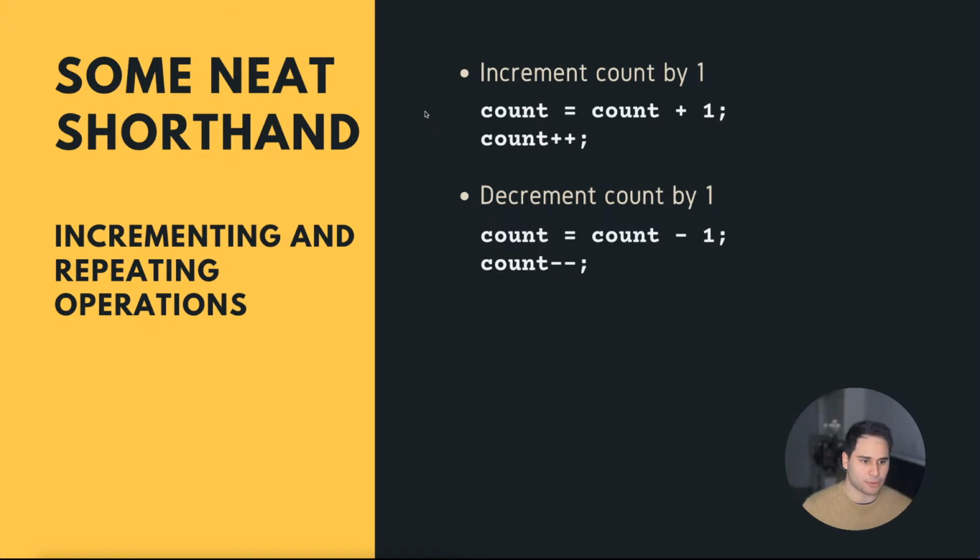So as an example, so far when I've been doing incrementing in the lecture code, I've been saying, well, the count is equal to the count plus 1. There is the shorthand or syntactical sugar for count plus plus, which these two are completely equivalent. We can do the same thing with subtracting one, with count minus minus. So, a bit less code, a bit less to ingest, but really this isn't a big deal if you do either one or the other.